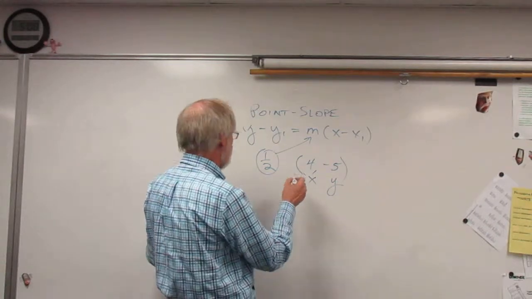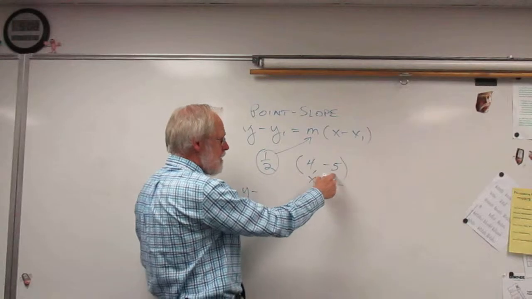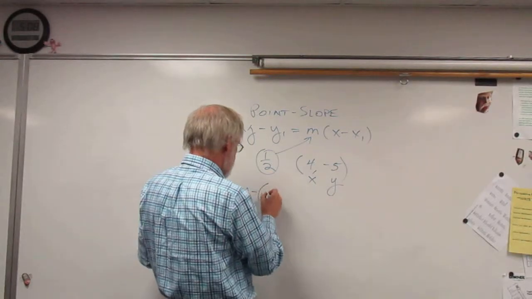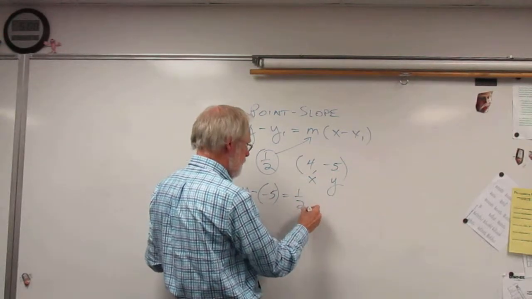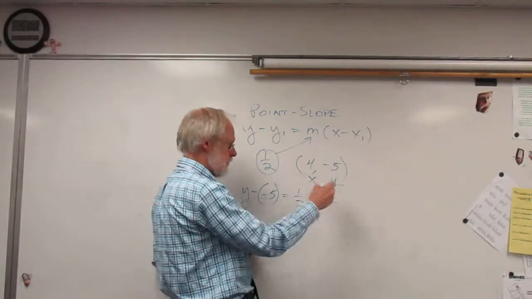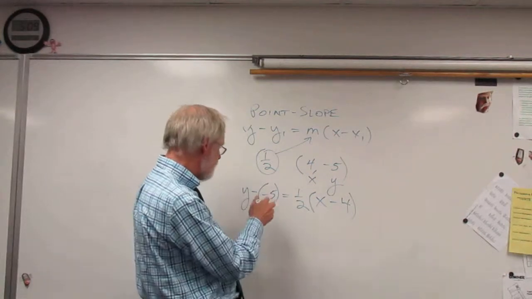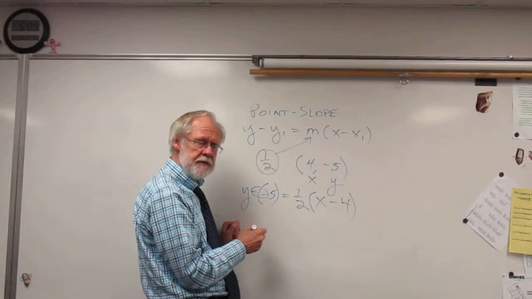So here's what I'm going to do. I'm going to say y minus, now the y value is -5. This minus stays. y minus -5 equals 1/2, the slope, times x minus the x value of 4. Okay? I'm going to leave that there so you can study that for a minute. While we do that, minus minus is a plus.